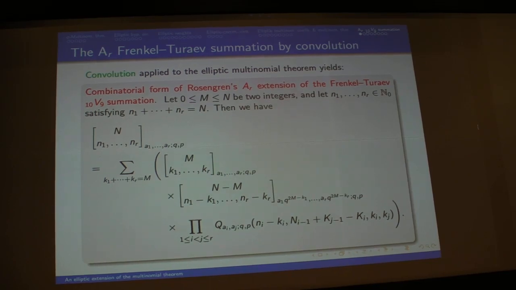And the condition, so m, this is up to, let's say, modulo analytic continuation, just the Frenkel-Turaev summation. M should be still kept a non-negative integer, but the restriction that n1 to nr are non-negative integers can be relaxed, so you can extend this summation as long as this m is non-negative.